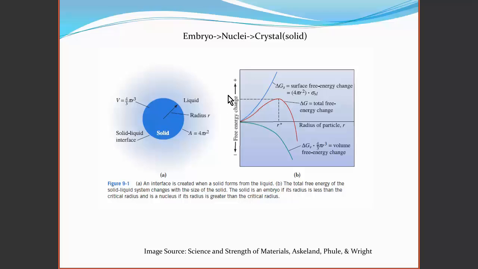A system will spontaneously change in such a way as to reduce its free energy. A system can contain free energy for various reasons. For instance, let's consider a potential nuclei, or an embryo, which consists of a spherical solidified shape within the liquid.